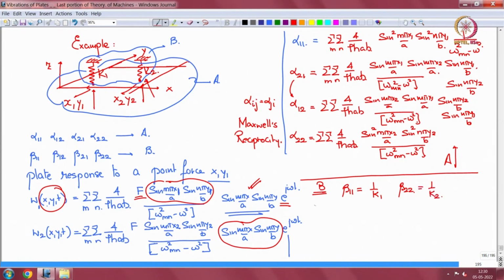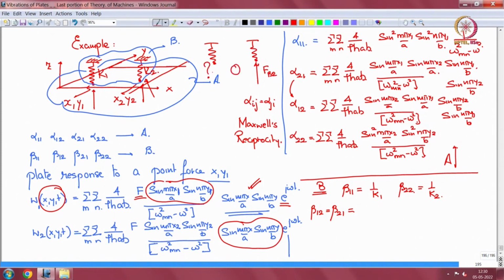Then lastly, what is beta 12 and beta 21? The springs are now disconnected from the plate. So if I apply a force at 2, what is the response here? 0.